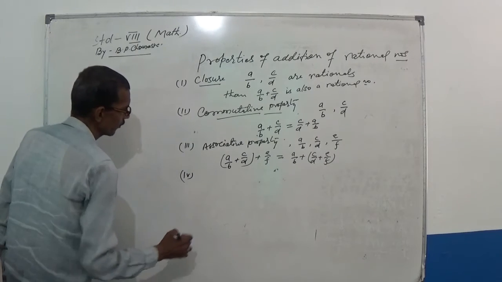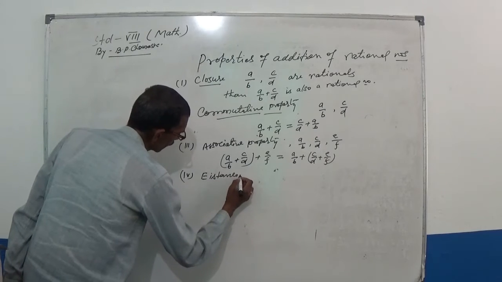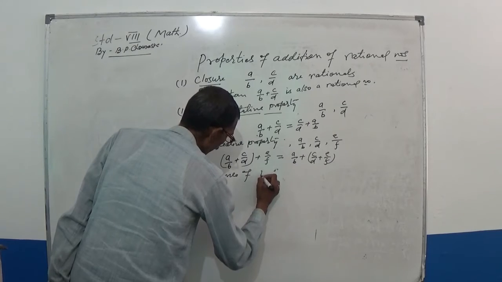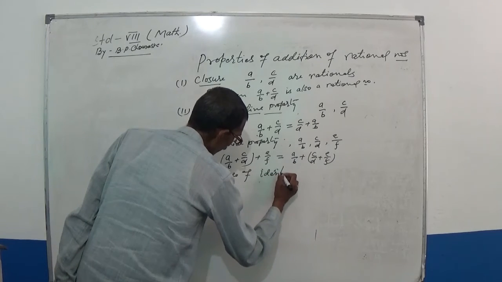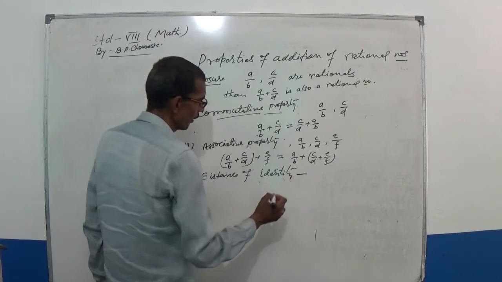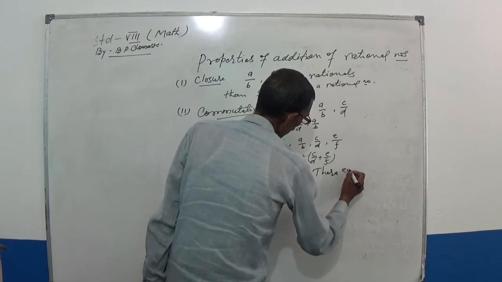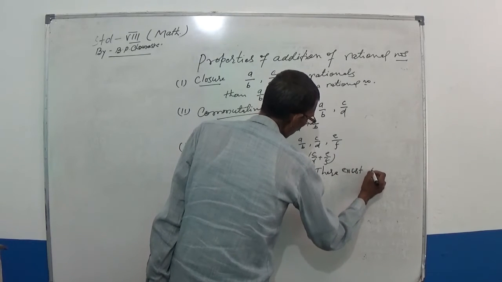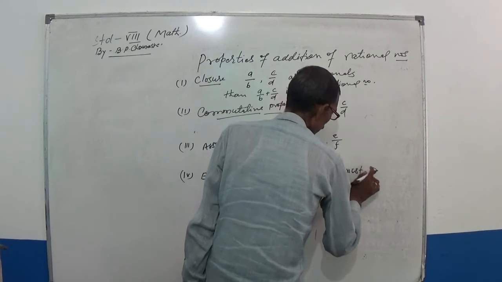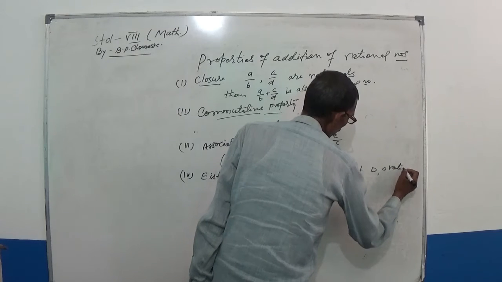Fourth, existence of identity. There exists zero, a rational number.